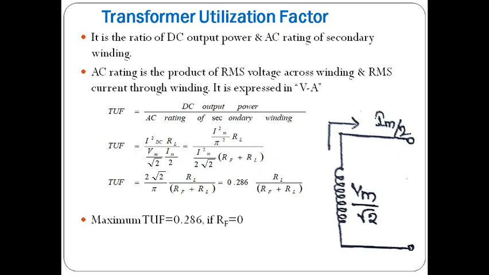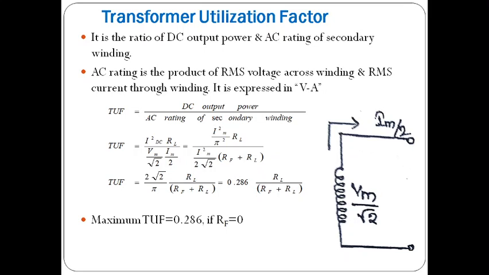The AC rating of the secondary winding is the RMS value of voltage times the RMS value of current. The DC power delivered by the circuit, P DC, is I DC squared into RL, otherwise V DC into I DC. Here I am writing I DC squared into RL.